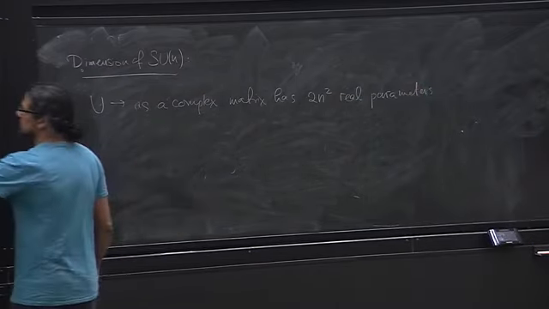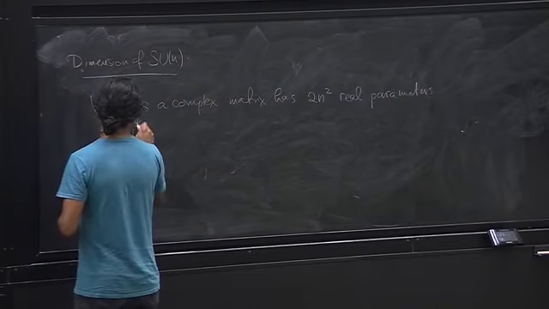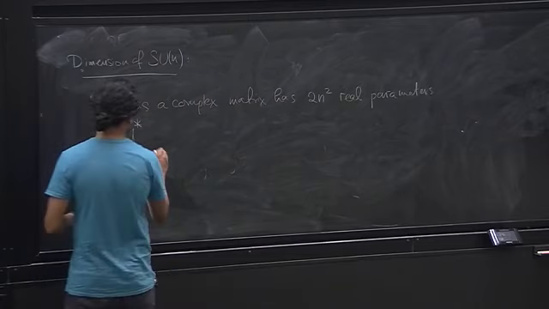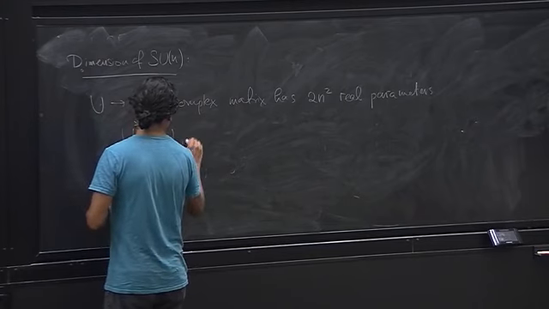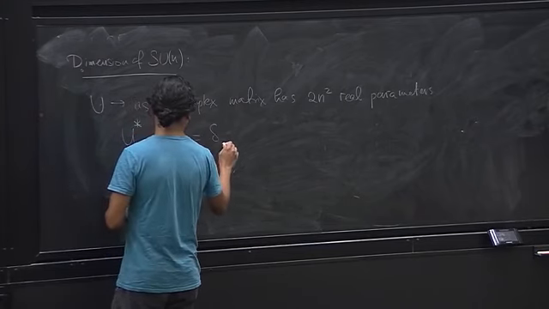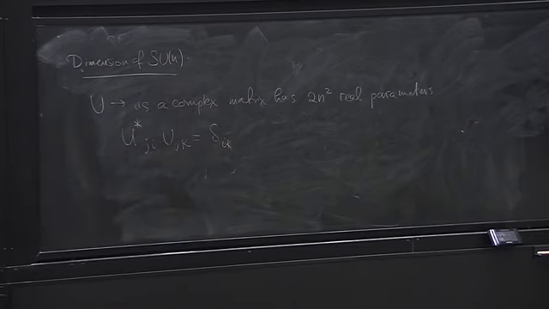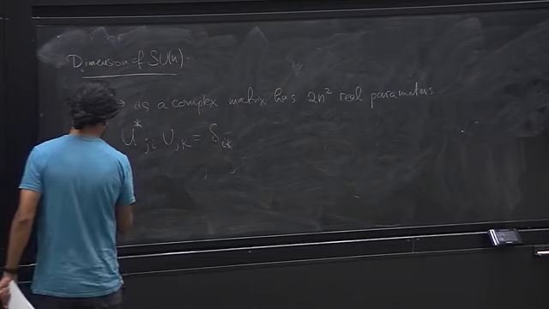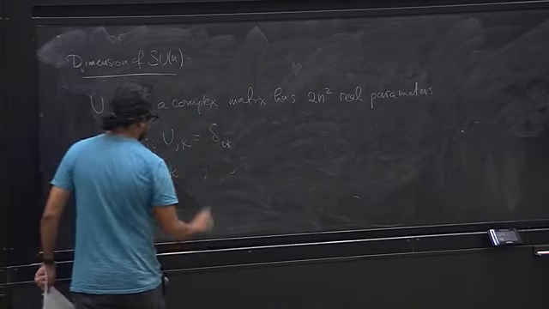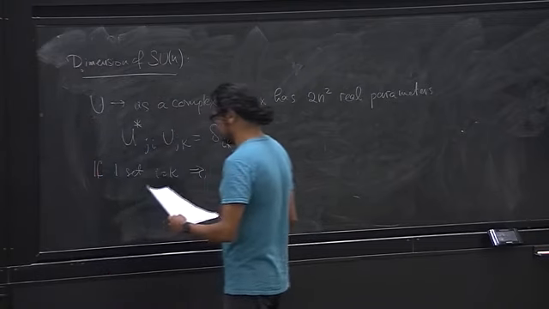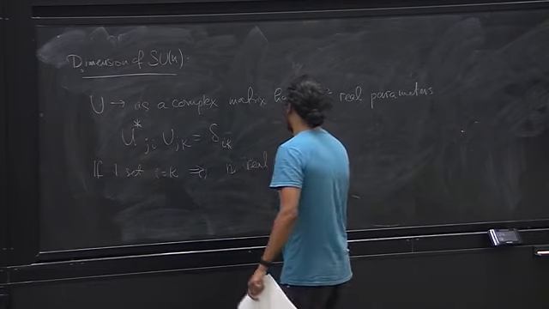So if I look at these conditions in components, it becomes a sum over j. Now if I set i equal to k, then we get n real constraint equations.